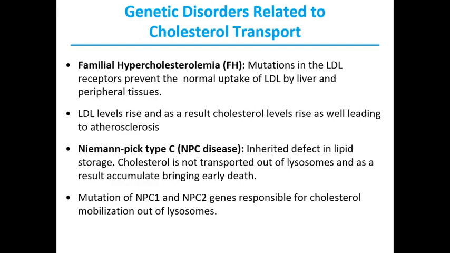There are at least two genetic disorders that are related to cholesterol transport. Familial hypercholesterolemia involves mutations in the LDL receptors that prevent the normal uptake of LDL by liver and peripheral tissues. The result of defective LDL uptake is very high blood levels of LDL and, as a result, high levels of cholesterol.